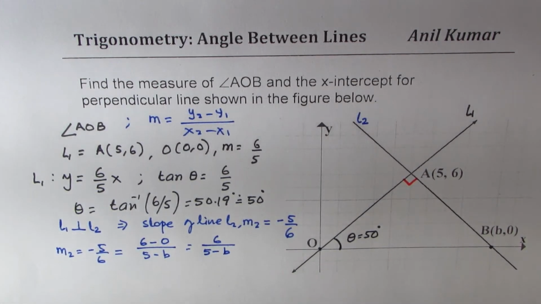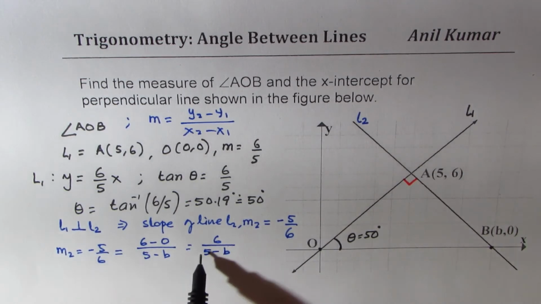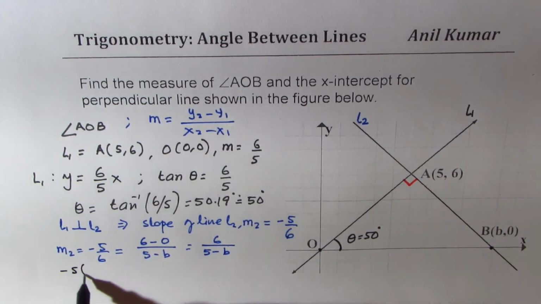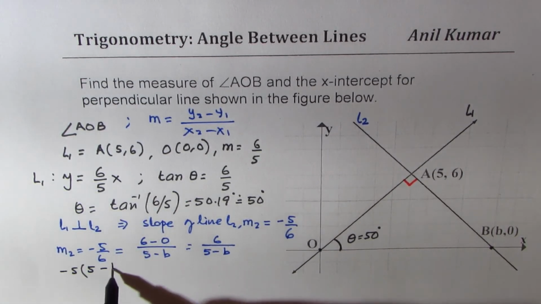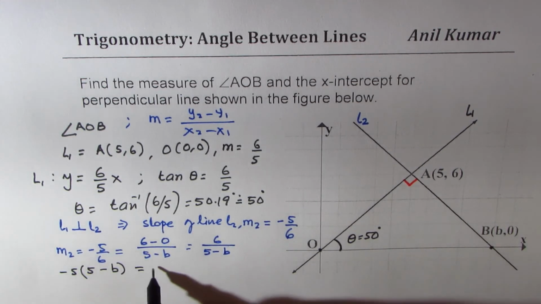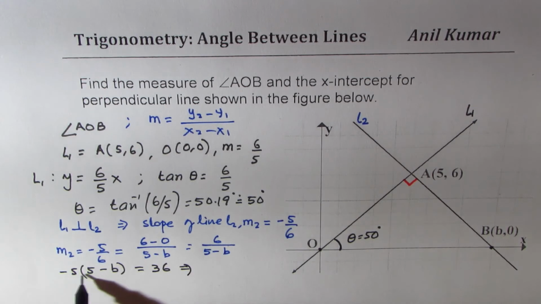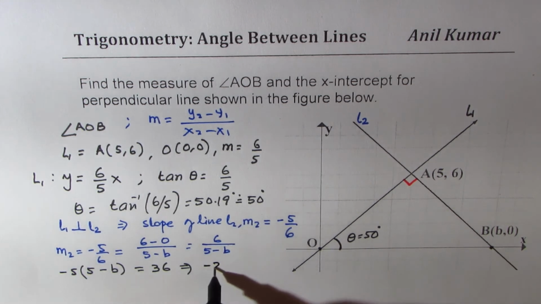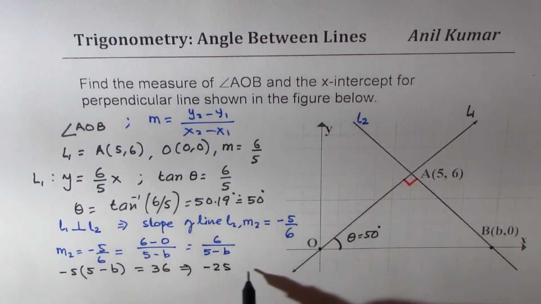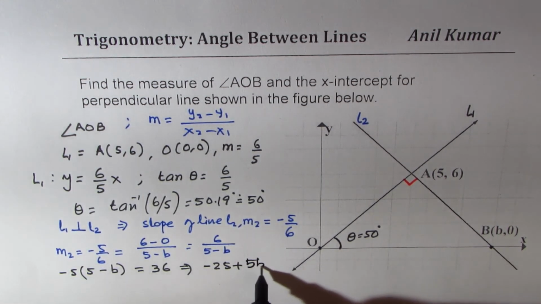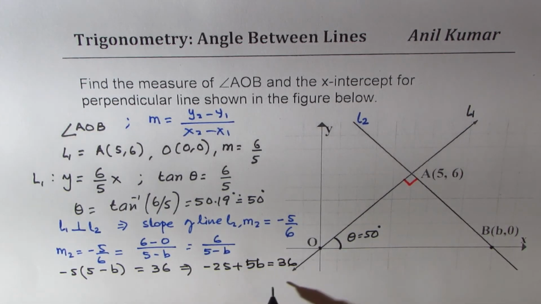So if you cross multiply, you get minus 5 times (5 minus b) equals 6 times 6, which is 36, right? So now we can open the bracket and solve. So 5 times this is minus 25, and this gives you plus 5b, equals 36.